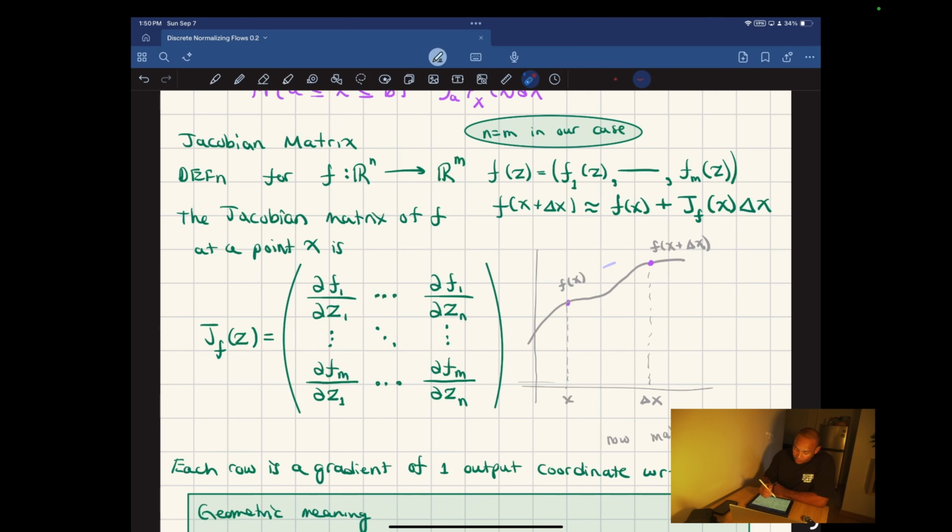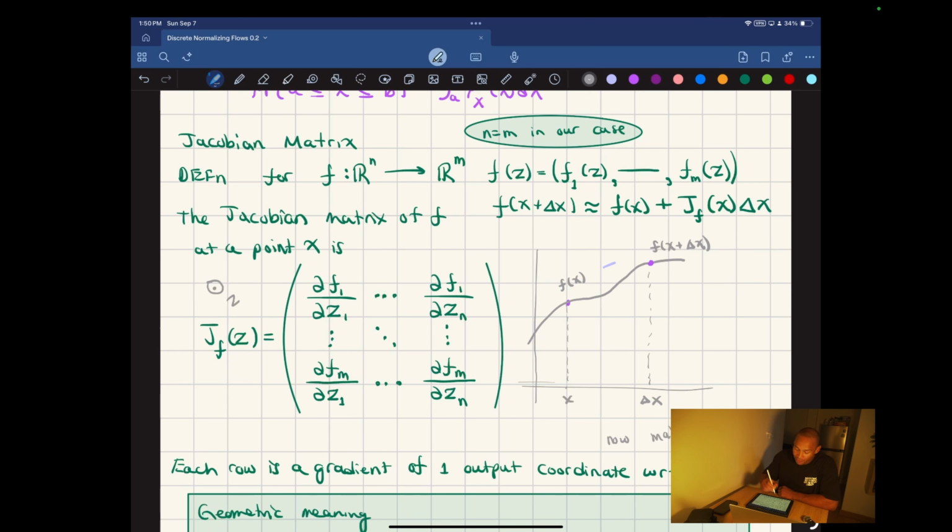So if we were to take a point z and draw a super tiny space around it, a neighborhood, as you would call it in measure theory, an infinitesimal neighborhood around z, the Jacobian represents how that space is transformed by the map f.